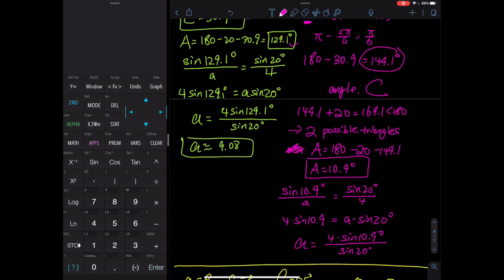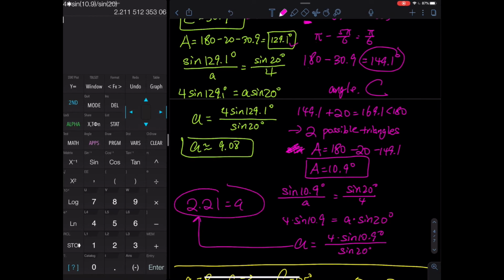Okay, so overall, what do we have? 4 times sine 10.9 degrees divided by sine of 20 degrees gives 2.21 equals a. So other than 9.08, a can also be 2.21.